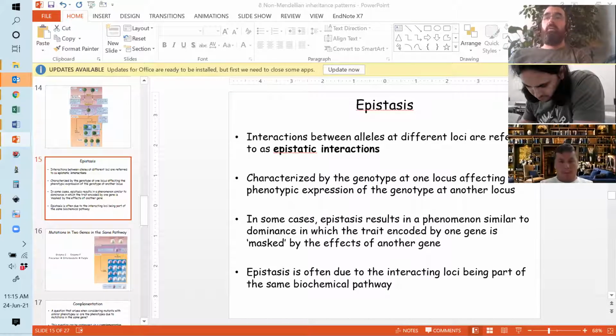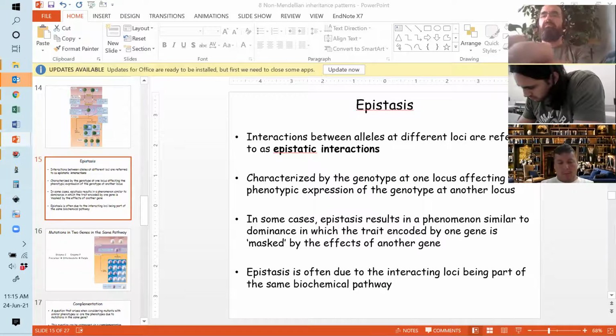It's completely irrelevant what the genotype for the pigment gene is.